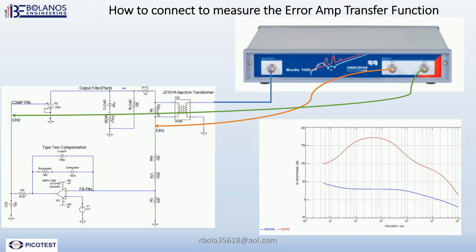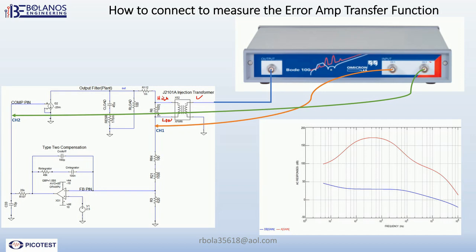Now this is the way you connect the Bode 100 to measure the error amp transfer function. Again, we're using the same injection transformer, and again this is the high side, low side of the injection resistor.